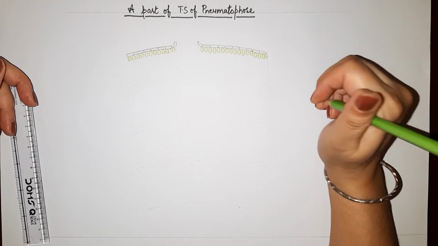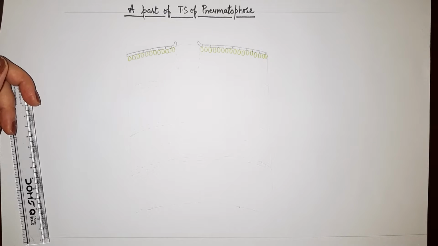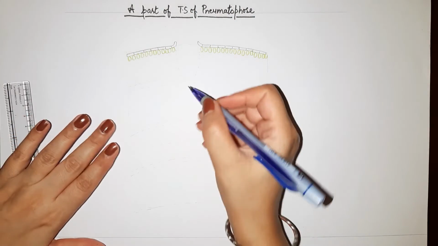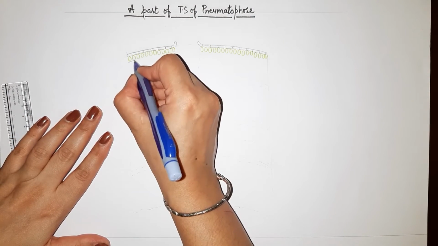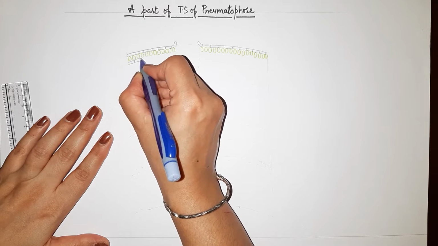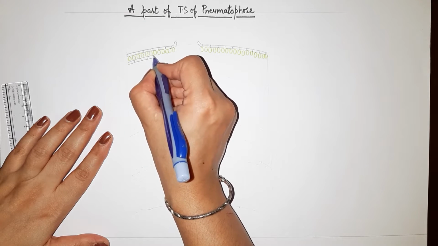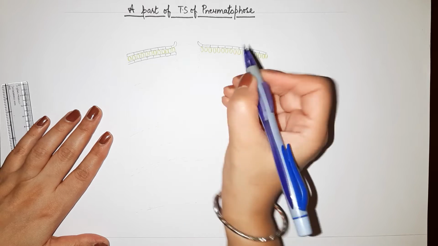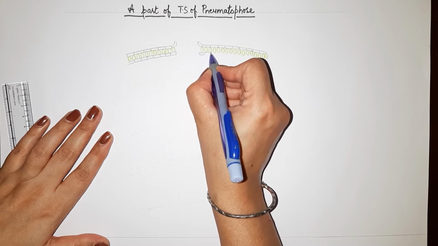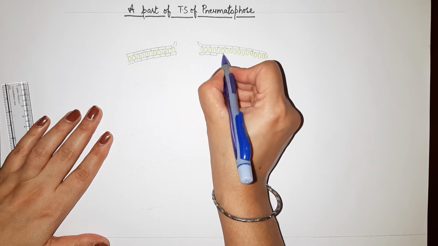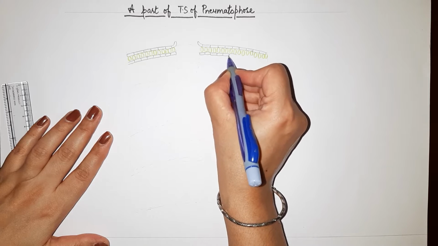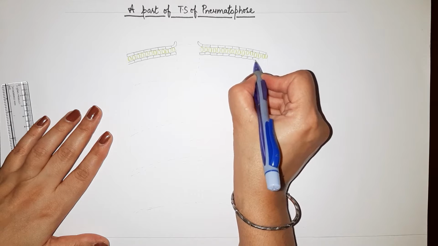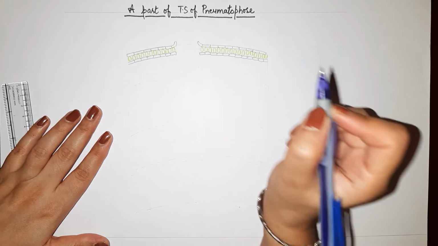Now after this, there is a layer of middle cork, and the middle cork cells are just like rectangular cells. Okay.